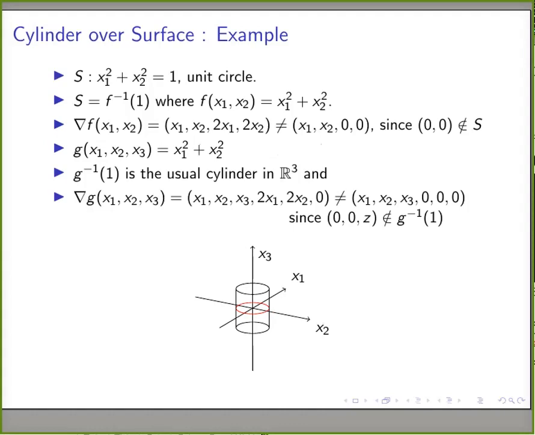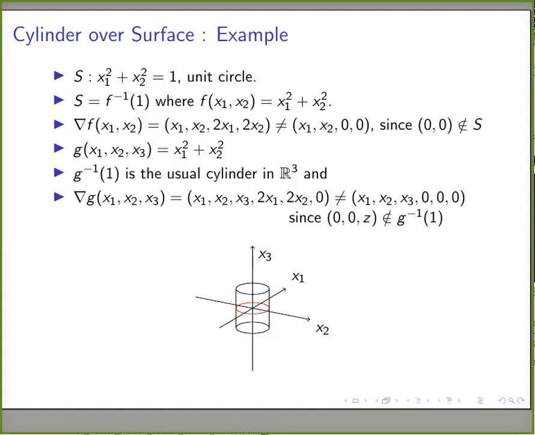Now, to call this a surface, we need to show that all points on this surface are regular points. Therefore, we proceed with the gradient of g at x1, x2, x3. The gradient of g at x1, x2, x3 is 2x1, 2x2, 0.